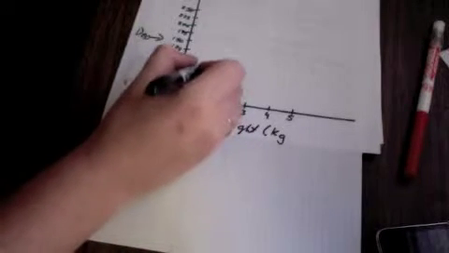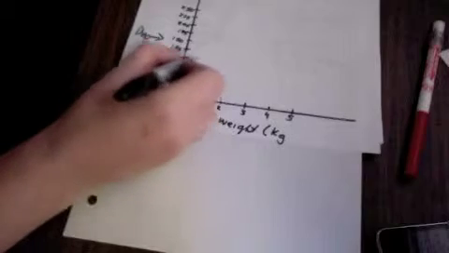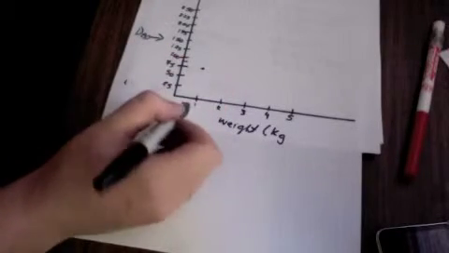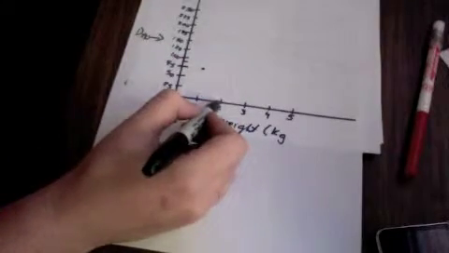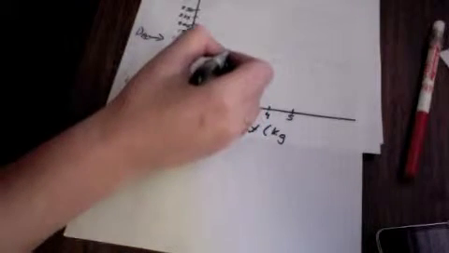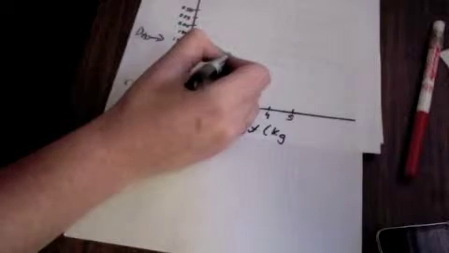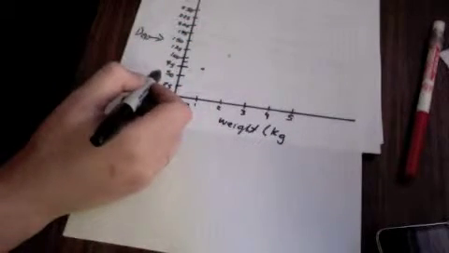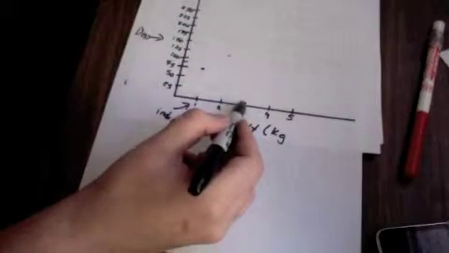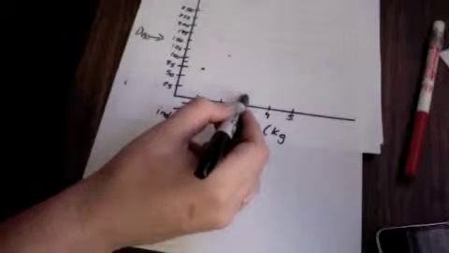So I'm going to go up here and make a mark, go up 1, and make sure that it's in line with the 75. For 2, it's 120, so I'm going to find 125 and just make it a little bit less. 3 is going to be 165.